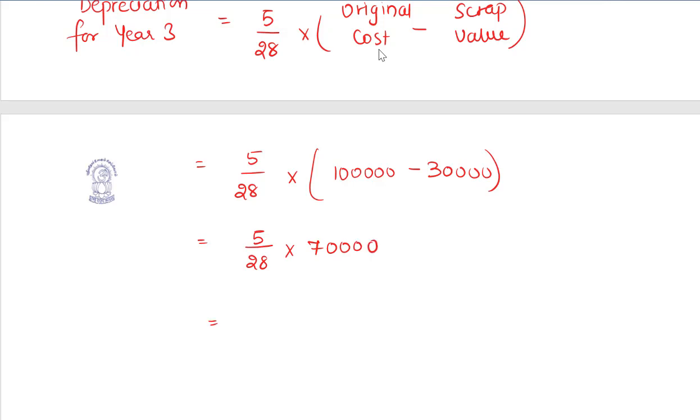Do it on your calculators. The answer is 12,500. So depreciation for the third year is 12,500. I believe it is clear.